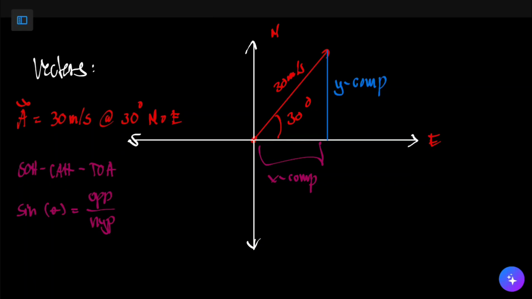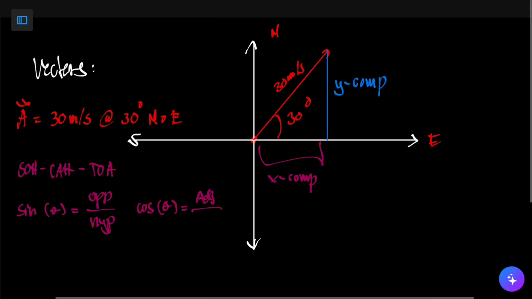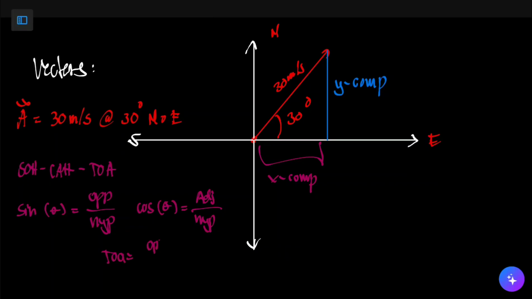Your cosine is equal to the adjacent over the hypotenuse, and your tan is equal to your opposite over adjacent.